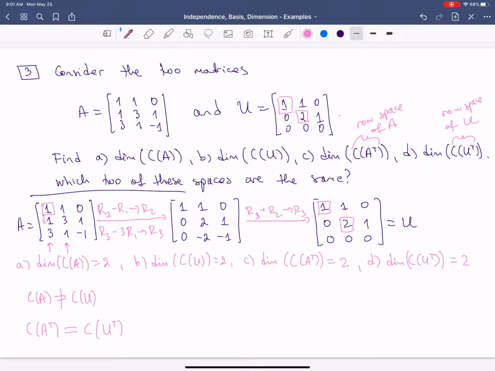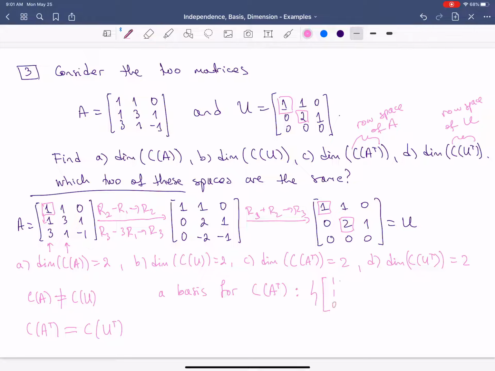So let's take a basis for the row space of A. What would that basis be? Well, it would be the pivot rows. So it would be the first two rows of A.